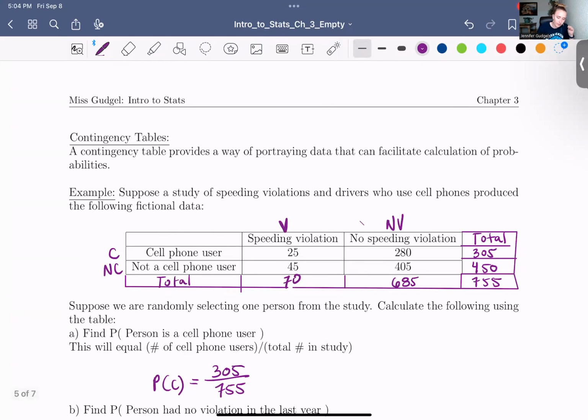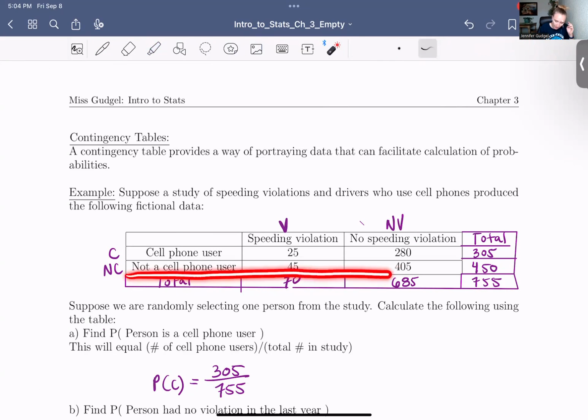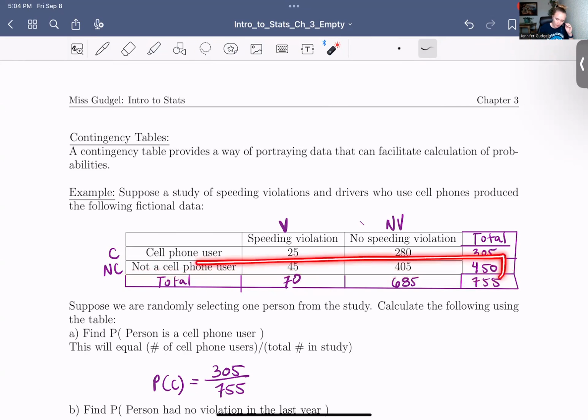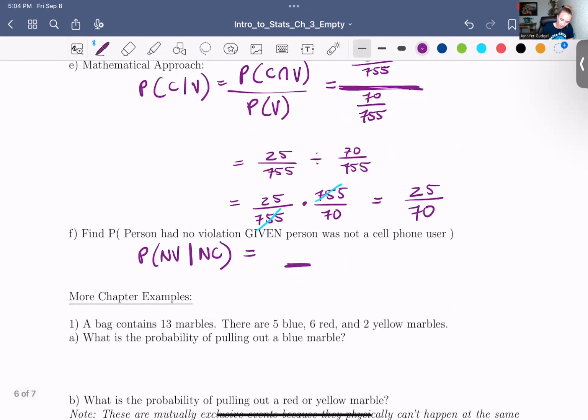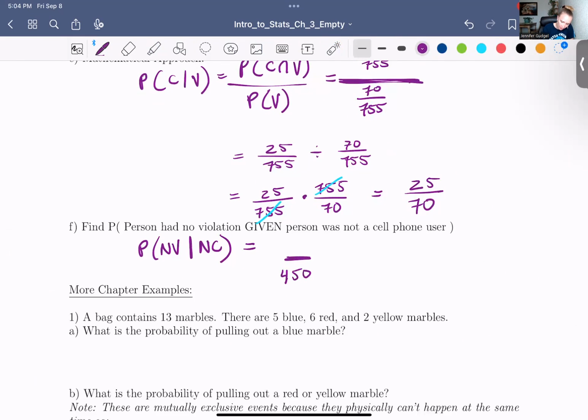Because we want only non-cell phone users. So not a cell phone, I kick everyone else out. There's 450 people still in the pool because this is now the only row I'm looking at for this problem. I know they don't have a cell phone. So everyone except those 450 people get out.